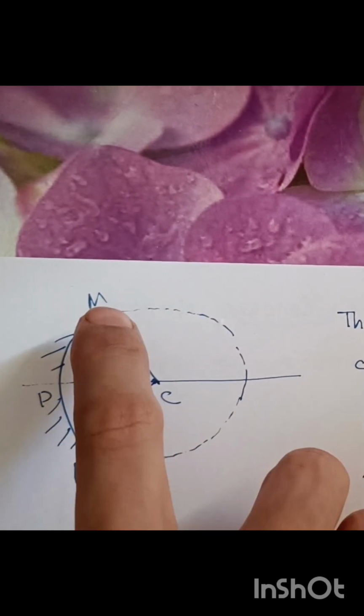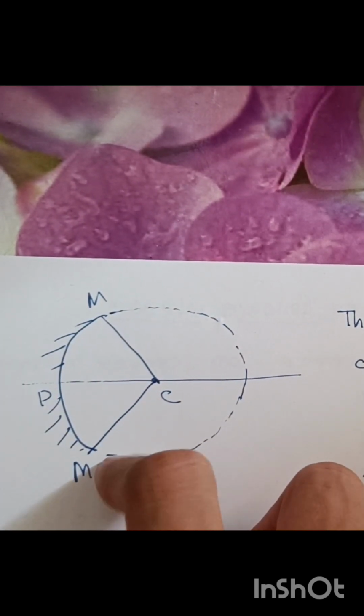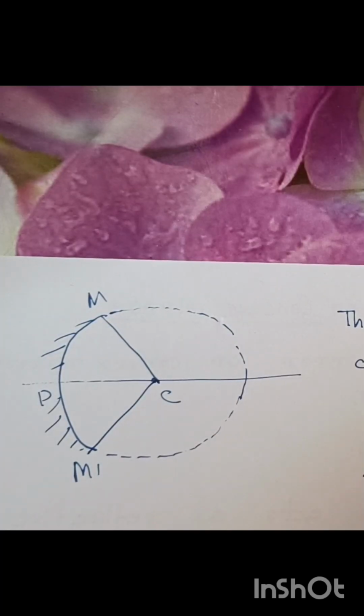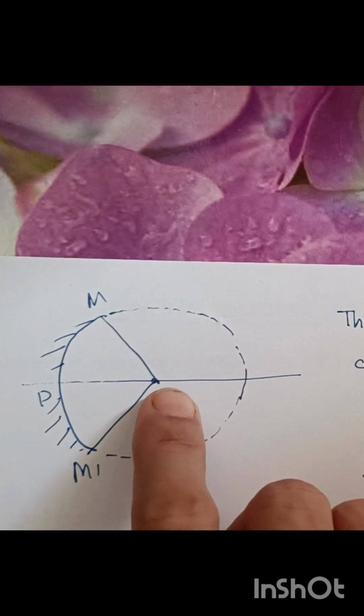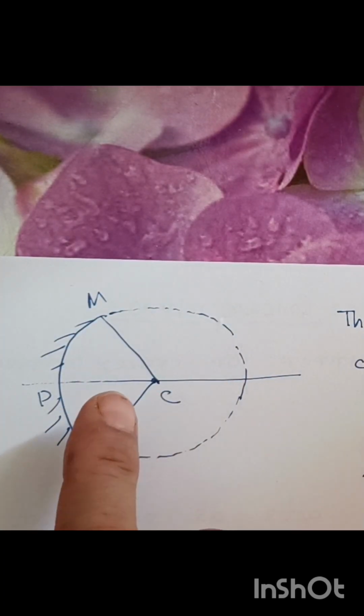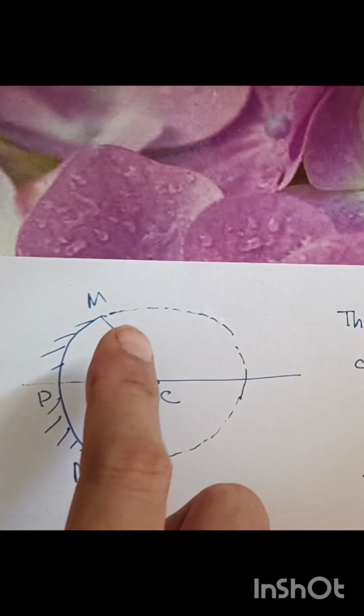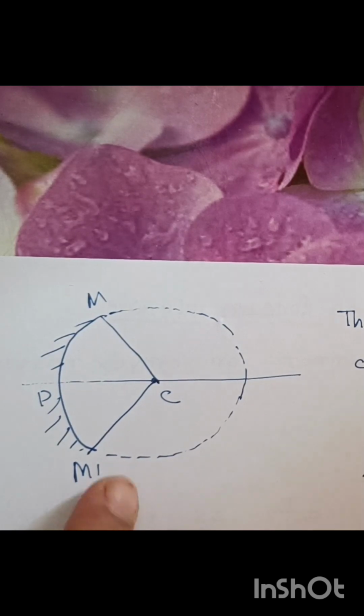See, this is a concave mirror M dash. The mirror is a part of a circular mirror and the center of this circle is the center of the concave mirror.